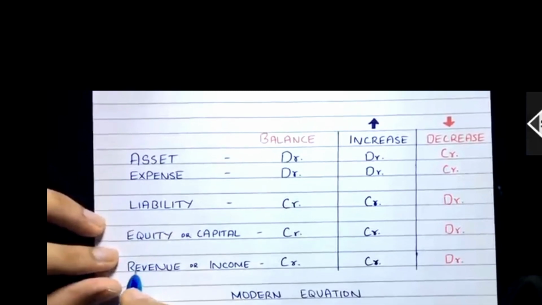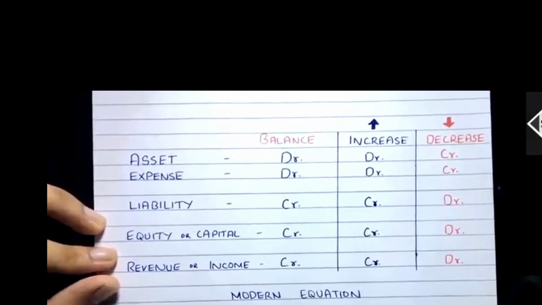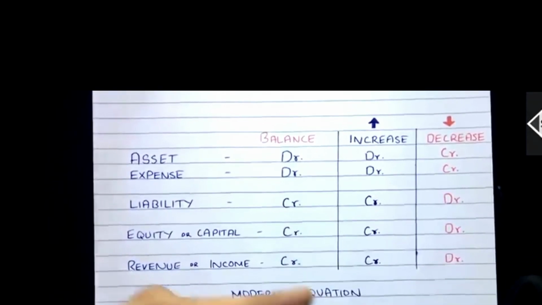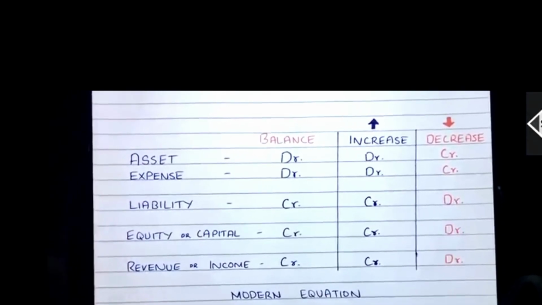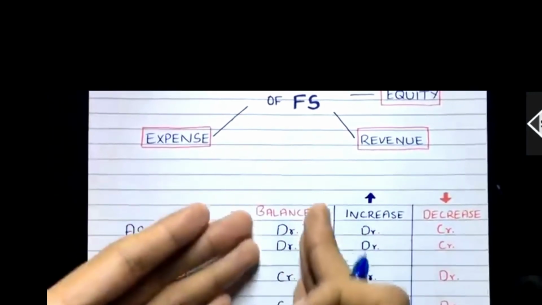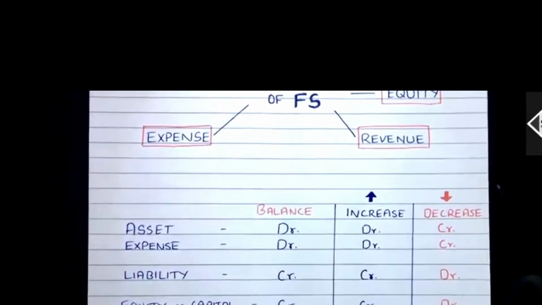But for liability, equity and revenue, debit is minus, isn't it? So you can't say debit is good, credit is bad, or debit is only plus, credit is only minus, something like that. So just understand this modern equation. It's very simple. They have these debit and credit balances. To increase them, you do whatever the balance is. Simple as that. Clear? Easy, right?